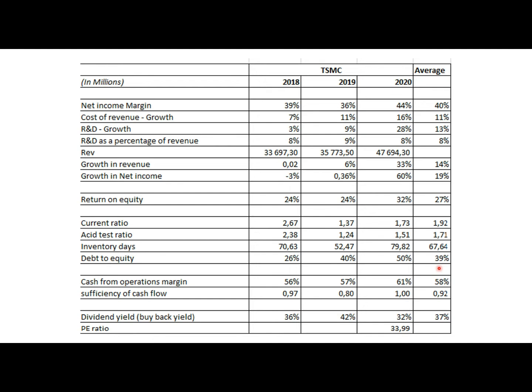And of course, there's been a productive use of debt. When you look at the debt risk to return ROE relationship, as debt has increased, ROE has increased. So this just shows you that Taiwan is very efficient in utilizing capital and achieving returns on invested capital in operation.